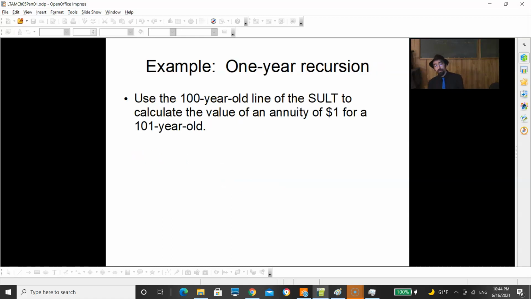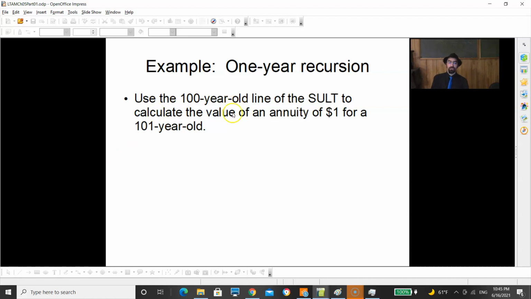Alright, so we can actually use some recursion to extend beyond what the table tells us. A little bit. Not very much, but just a little. The table gives us values for people up to age 100. What if we wanted to know the value of annuity for a 101-year-old?